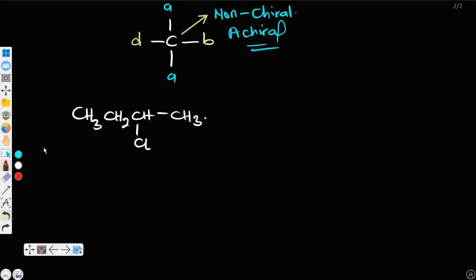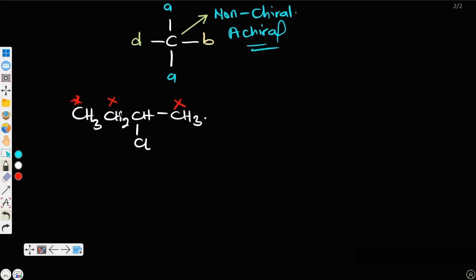The CH3 disqualifies this carbon from being chiral. The 2 hydrogens here disqualify this carbon from being chiral, because it has 2 of the same hydrogen. This carbon has 3 hydrogens attached, which disqualifies it too. So the only one that may be a chiral carbon is this carbon here, but we don't know yet until we draw the structure for it.